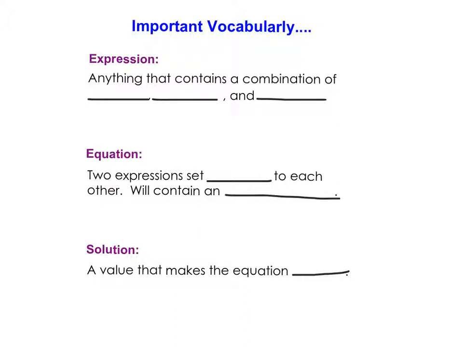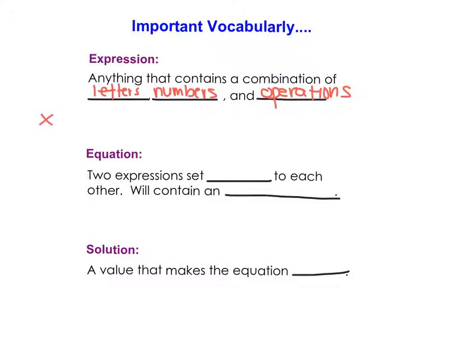An expression is anything that contains a combination of letters, numbers, and operations. And expressions can only contain these three things in some combination. So what this means is that an expression could just be a letter, so just a variable, such as x.